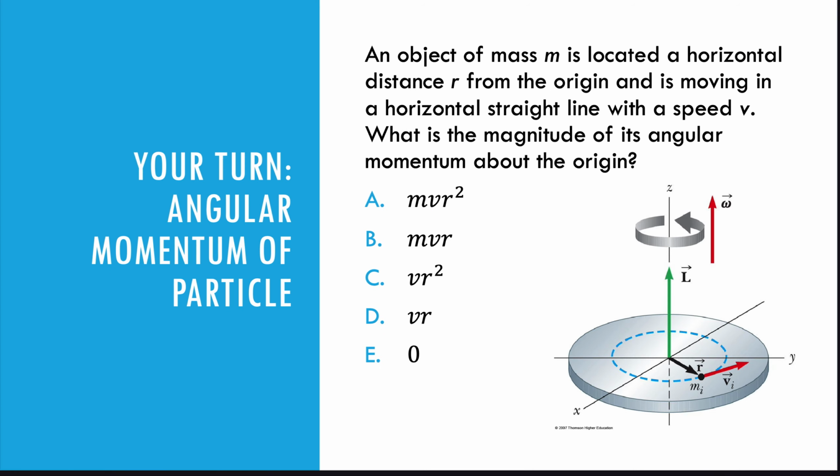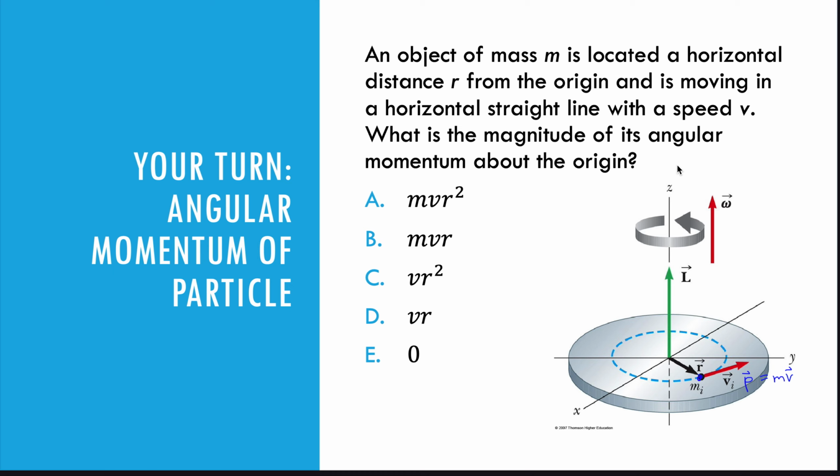Let's look at a question here. We have an object of mass m. It's located at a horizontal distance r from the origin, so it's located right here. It's moving in a horizontal straight line with a speed v. So if it has a speed v, a velocity this way, that means it also has a linear momentum in the same direction as the velocity, because we know that linear momentum is mass times velocity.